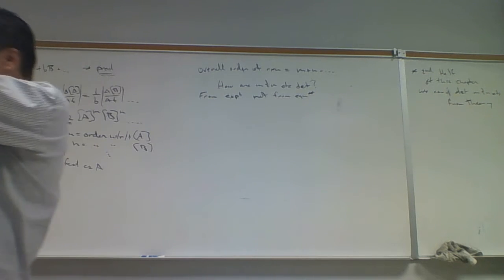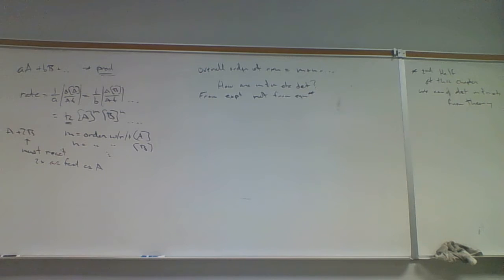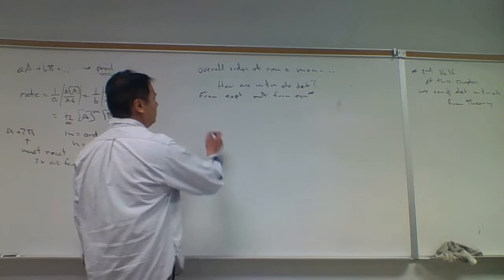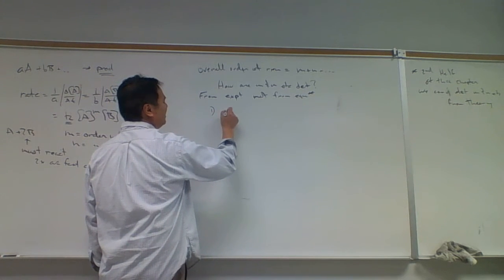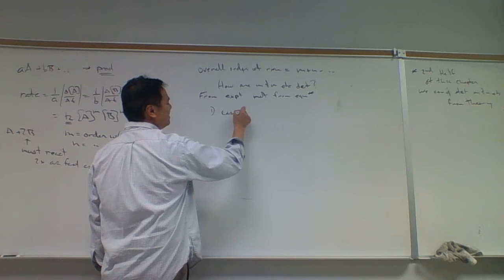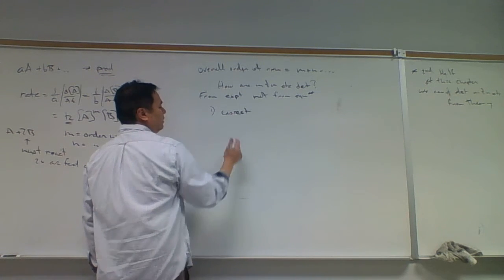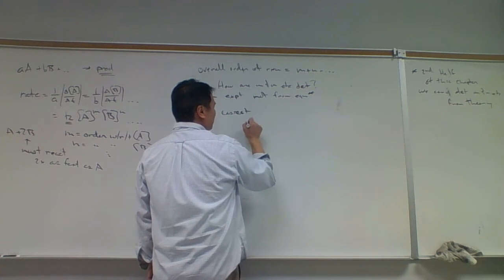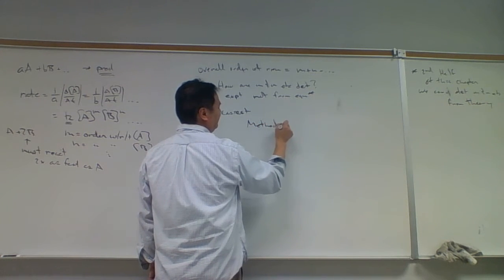And so the first part, we're just going to learn how do we get M and N from experiment. Probably the simplest experiment, the easiest way of doing this, or one of the easiest, is something called the method of initial rates.